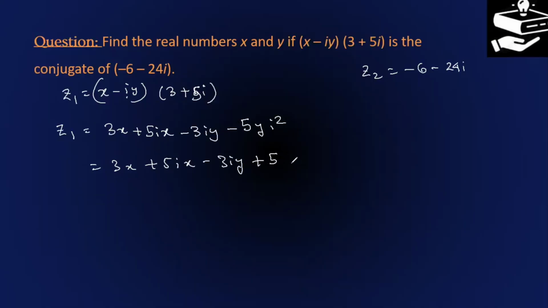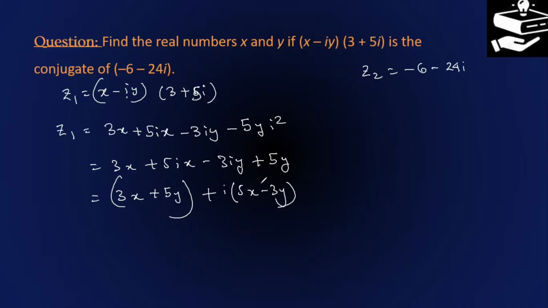Minus 1 into minus will give plus, so plus 5y. If you take the real parts together, you will get 3x+5y, plus, if you take i common, 5x-3y. I hope it's clear so far.